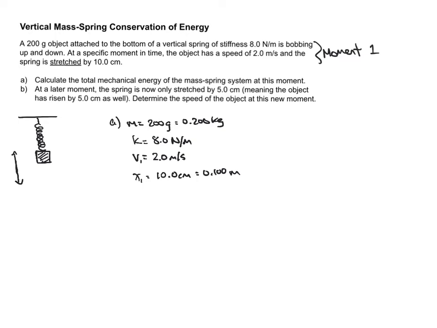Those are the values I'm given for moment 1, and that's going to be enough to calculate the mechanical energy, sort of. What we're not given is how high it is, so we can choose a reference height, whatever we want. In this case, I'm going to choose where it is right now at moment 1.